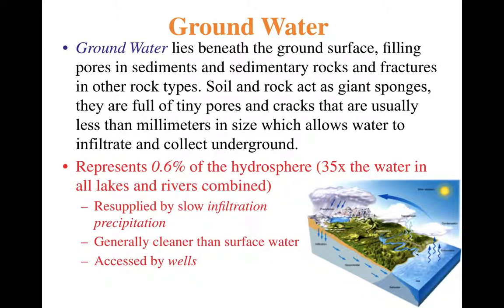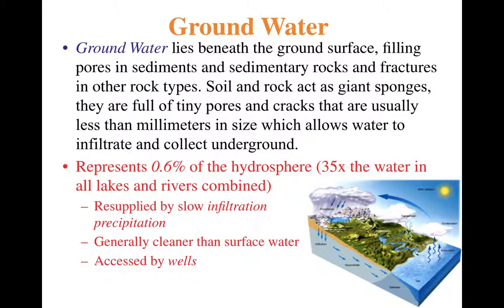Okay, so this represents about 0.6% of the hydrosphere, which is the entire collection of Earth's water. It's actually 35 times more water in the groundwater than in all lakes and rivers combined. So 0.6% doesn't seem like a lot, but when you compare it to 35 times more than all the lakes and rivers combined, it's quite a bit.